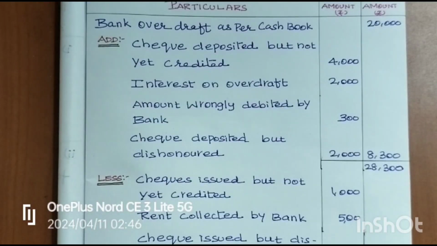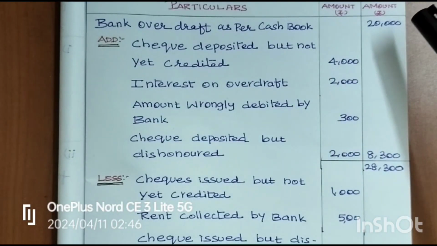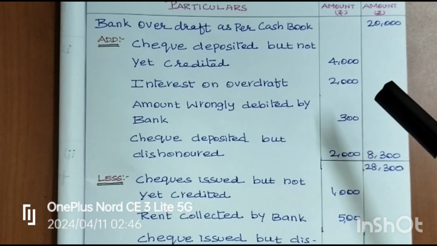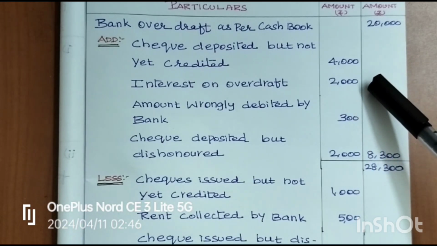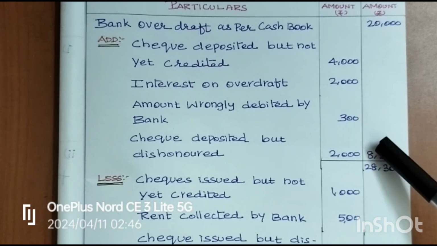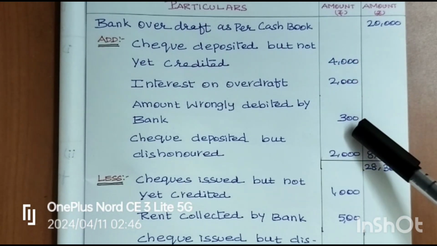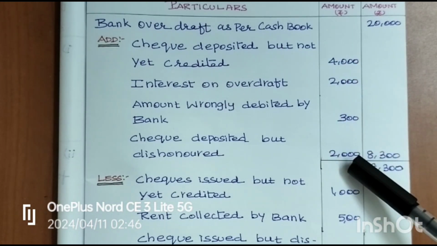Okay. Now we need to find out the balance as per the overdraft of the bank statement. For that we have to find the total amount in the add column. That is, we add 4,000 plus 2,000 plus 300 plus 2,000.